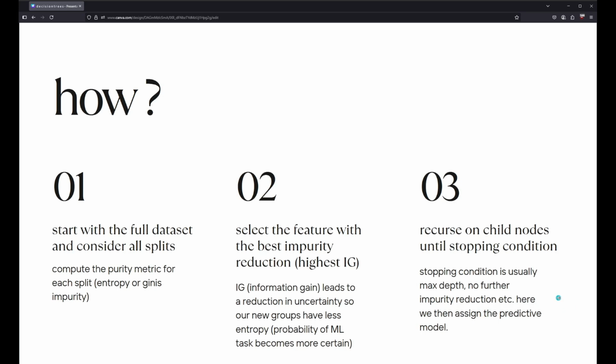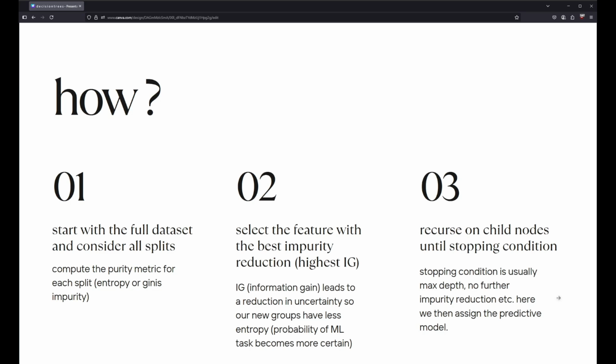So how does it work? Well, first we start with the full data set and we consider all the splits. Now, the way we split in decision trees is based upon reducing the amount of uncertainty within the data with respect to our classes. Because the whole point of either classification or regression is to be able to predict something, right?